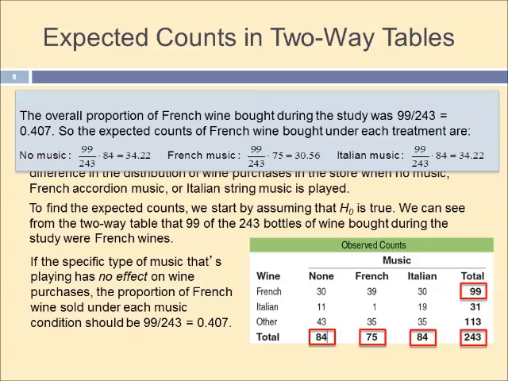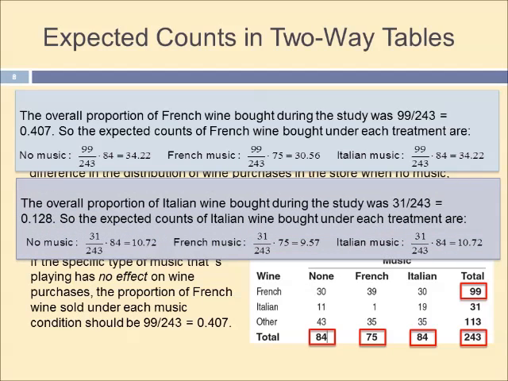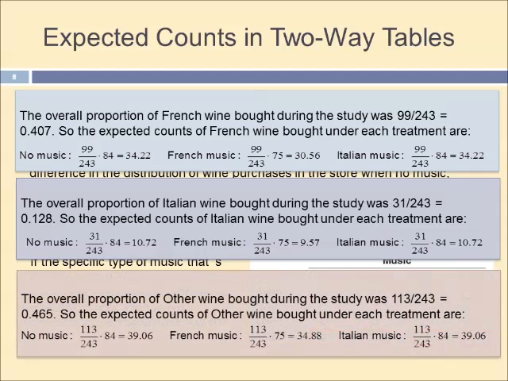So 0.407 times 84 is 34.22. And then we can do the same for the other wines. The proportion of Italian wines, we have the same arrangement. The proportion of other wines being bought, we have a similar arrangement.